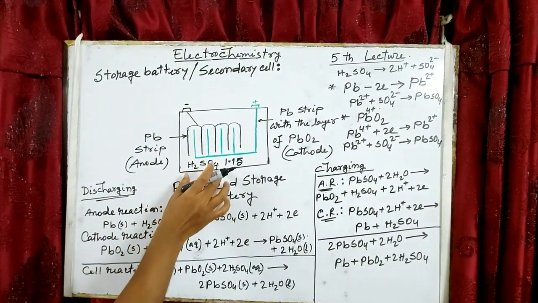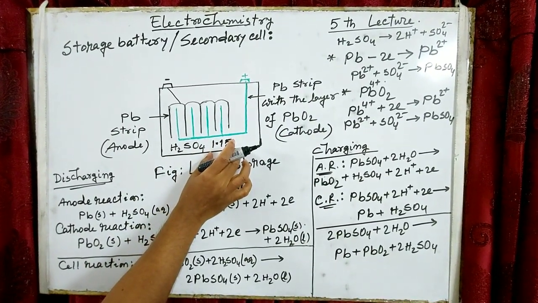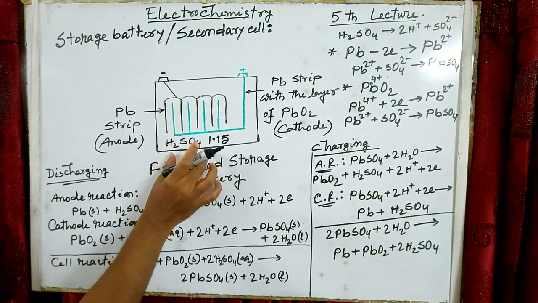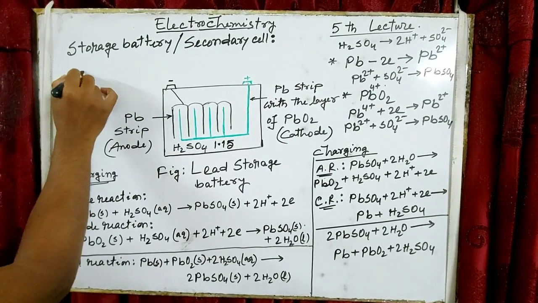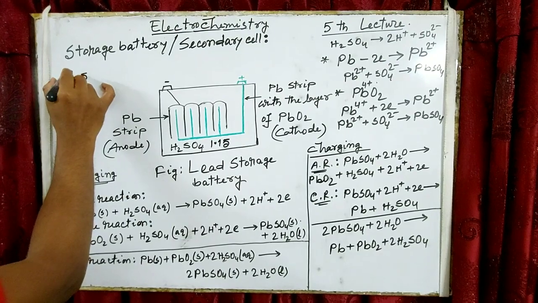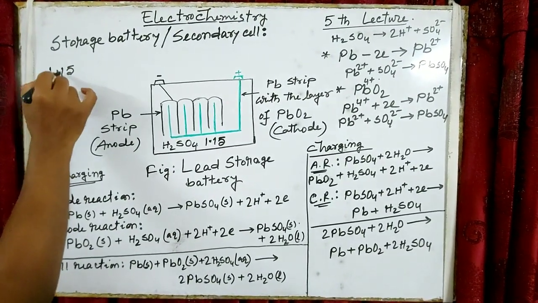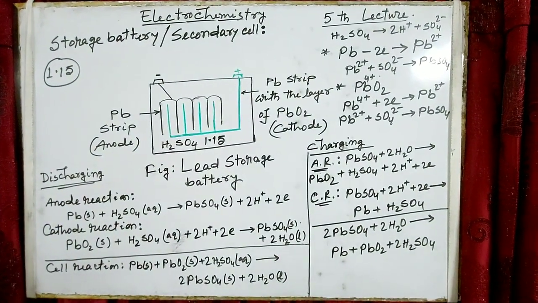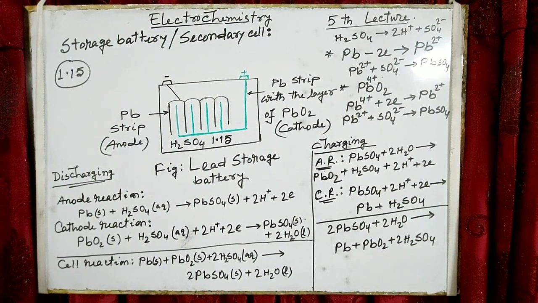My dear students, here I have used 1.15 relative density of sulfuric acid as the electrolytic substance. You have to understand that 1.15 relative density of sulfuric acid means the ratio of the density of sulfuric acid and the density of water at 4 degrees centigrade.